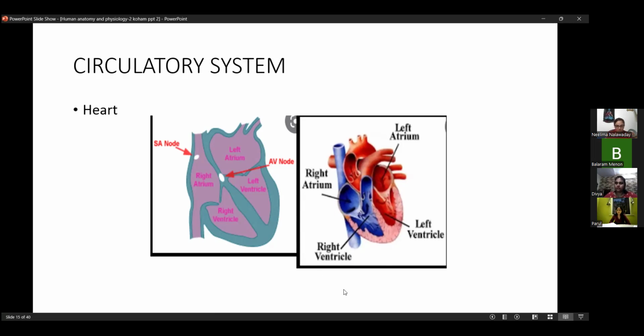Yeah, sir. Right. Then, secondly, one more important thing is that veins carry impure blood. Always remember, the superior vena cava from the upper part of the body and the inferior vena cava from the lower part of the body carry impure blood, which is poured into the right atrium, to the right ventricle. Now, from the right ventricle it goes to the lungs for purification, and that is carried by the pulmonary artery.